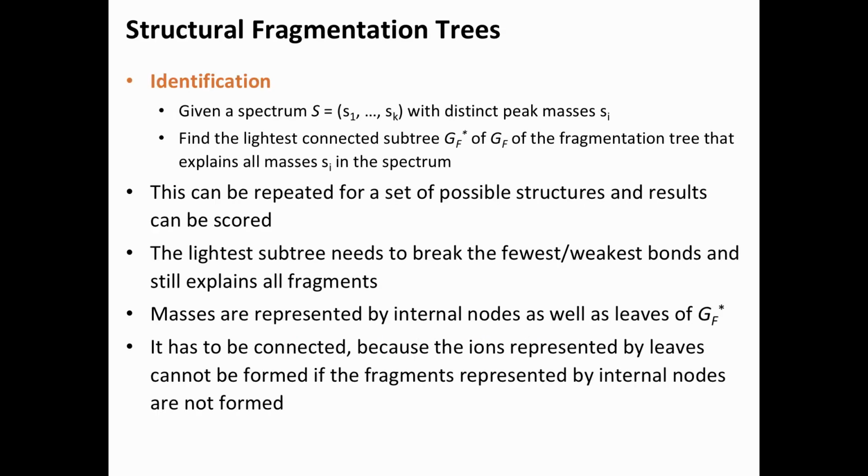The second thing you can do is structural fragmentation trees, where you decompose these structures repeatedly. The results can be scored, and the idea here was to find the lightest subtree, the subtree that breaks the fewest bonds and still explains all the fragments in the experimental spectrum. And that gives you some idea of how the spectrum came about and what you should expect in these particular substructures.